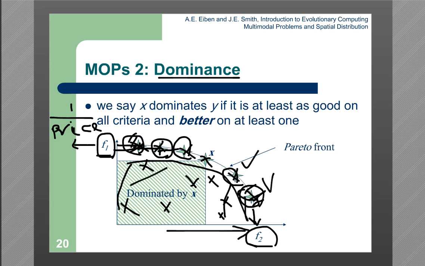It is better than this element. This element in the rectangle is lower by F1 or by F2. All of these elements in this rectangle are named as dominated.